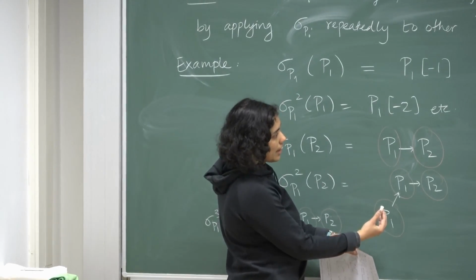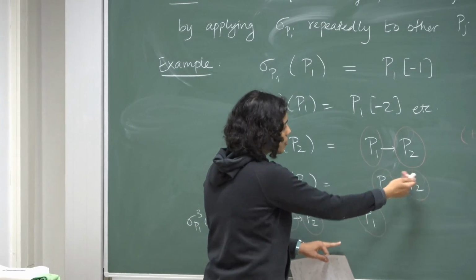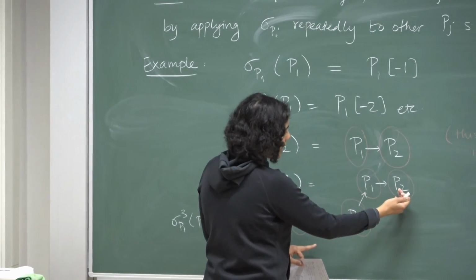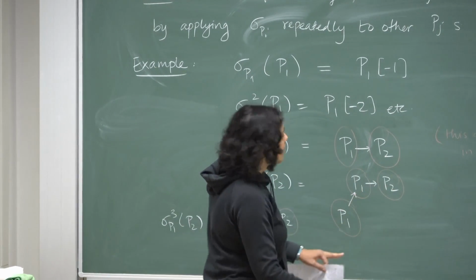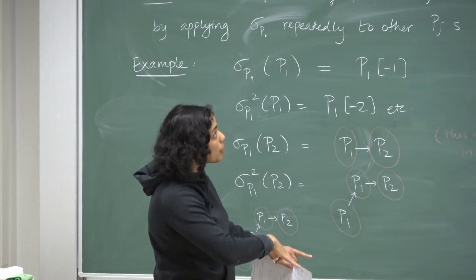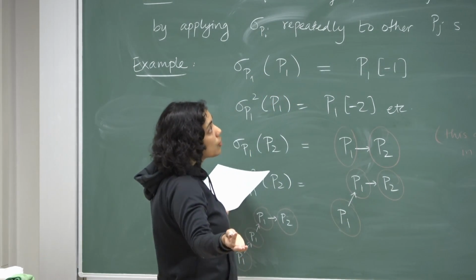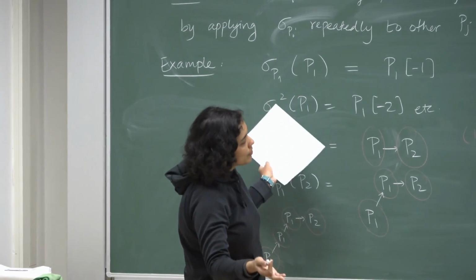So this object has quite a large phase spread because it has P2, P1, and then this P1 lives in a smaller degree, so it's spread out over a larger numerical range.